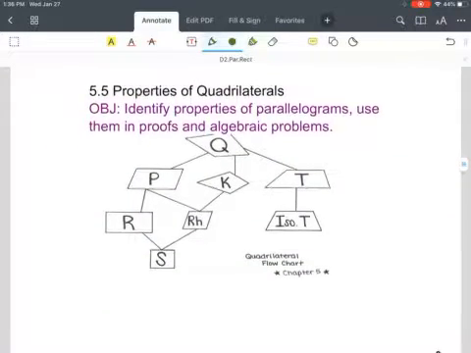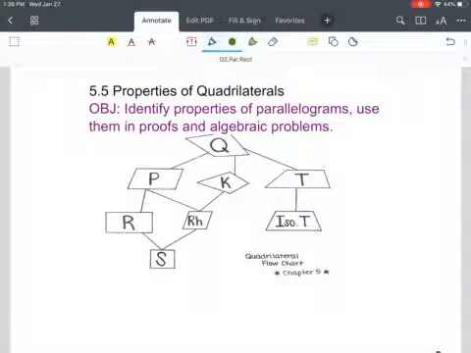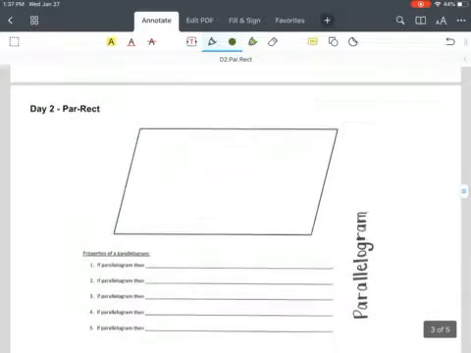And then these are all of the different types of quadrilaterals that we're going to talk about. So we've looked at a quad just being four sides. Today we're going to focus on parallelogram and then rectangle. So rectangle is going to be a more specific type of parallelogram, and then we'll flow through this chart and finish off the other shapes later on.